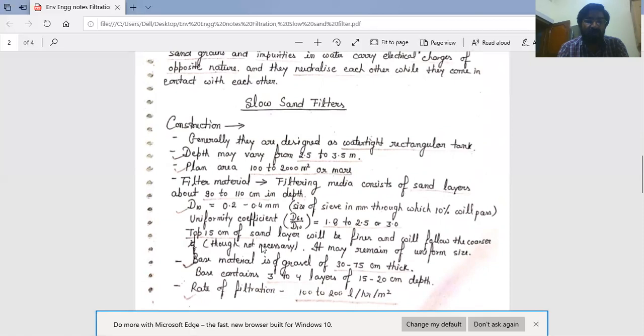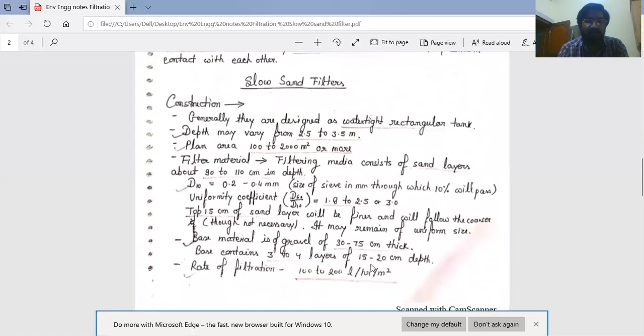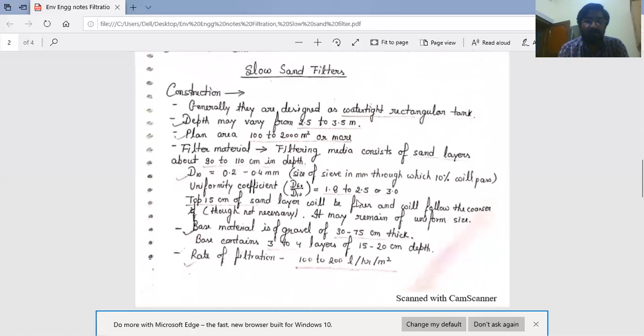The top 15 centimeters of the sand layer will be fine sand and will be followed by coarser sand, though this is not necessary. It may remain of uniform size. Base material: from the top, first layer is sand, then second sand, and after that a layer of gravels.